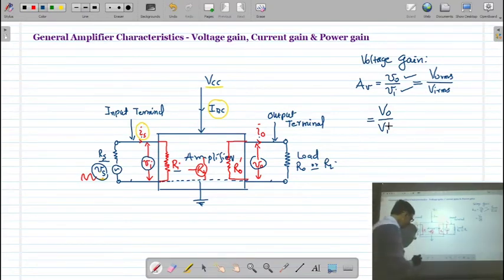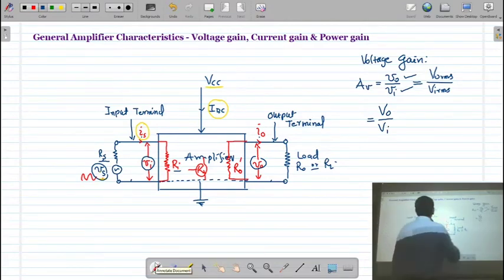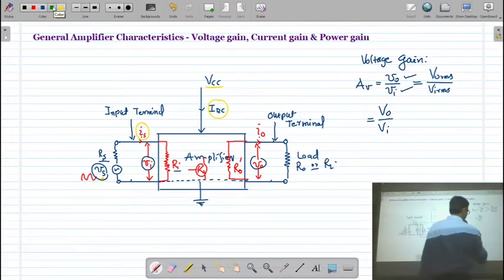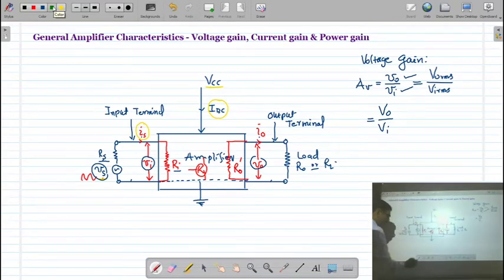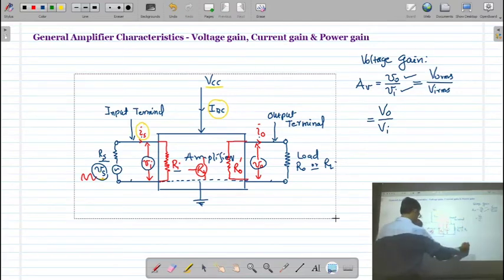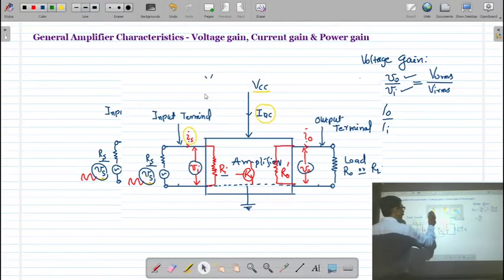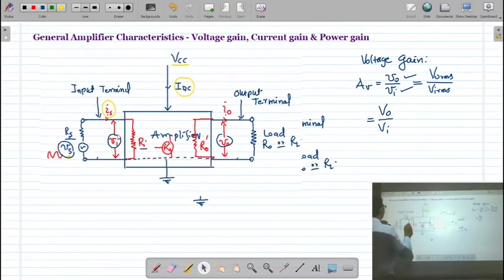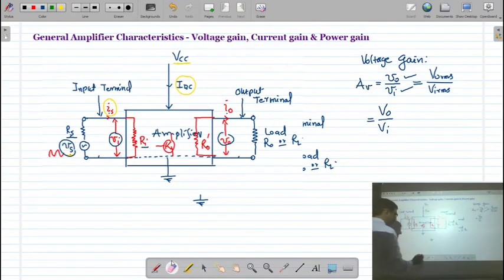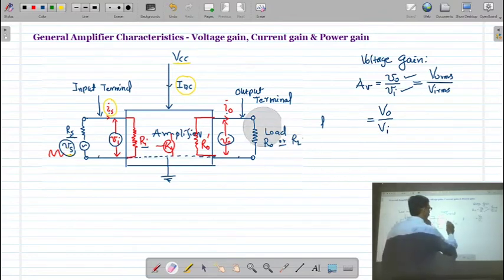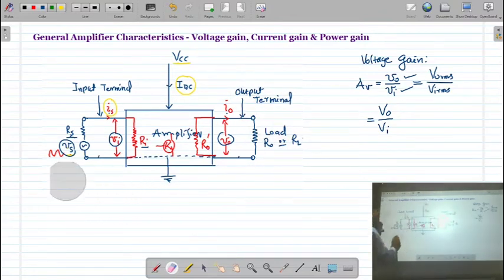When we are talking about an AC signal, the AC signal looks like this.